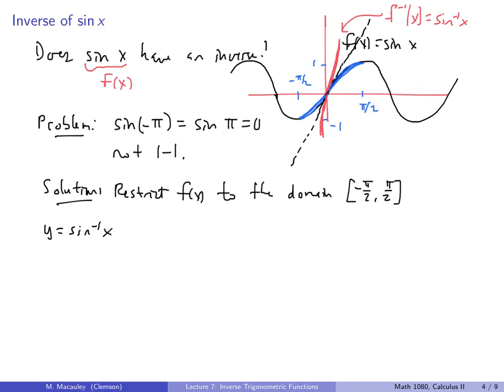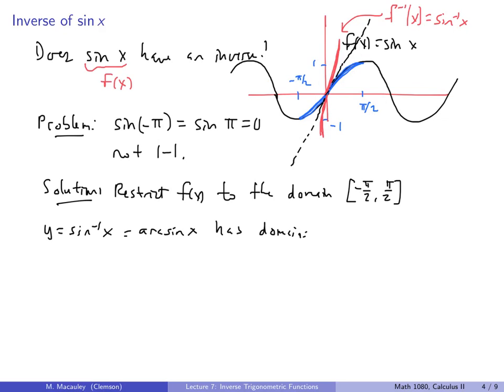So to summarize, y equals inverse sine of x, or arcsine of x. This thing has domain, let's be careful. Well, the domain of this is the range of this blue function, which is from negative 1 to positive 1.